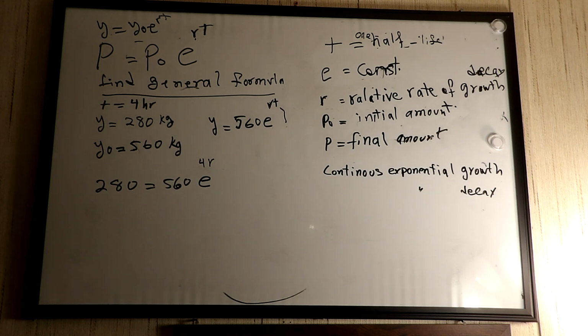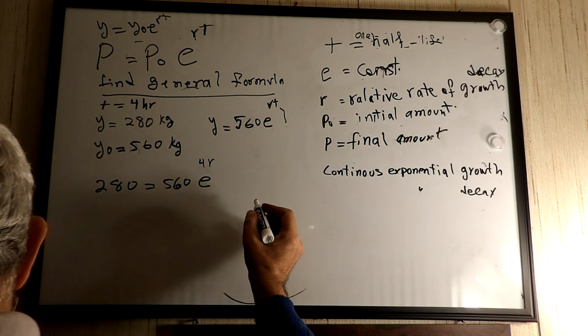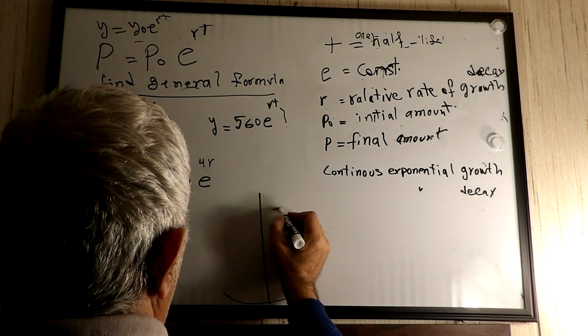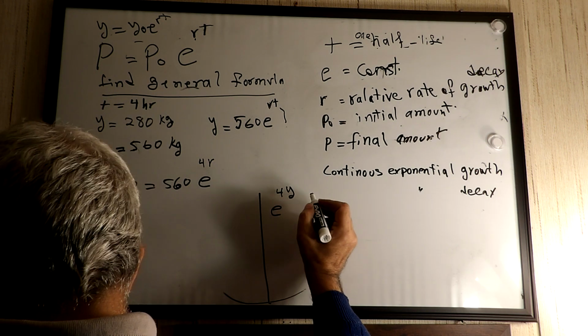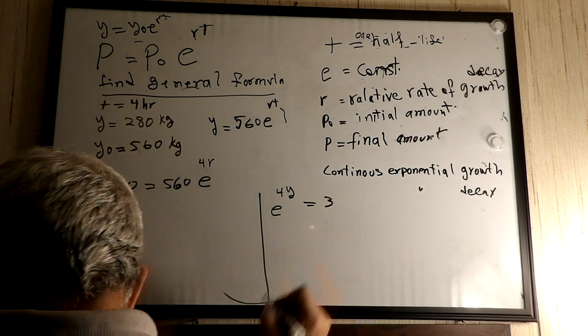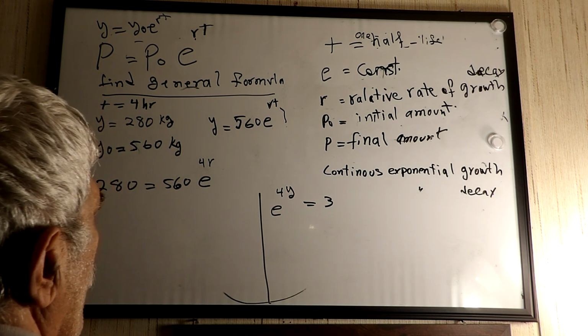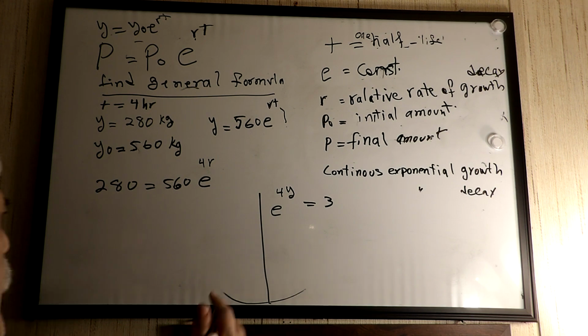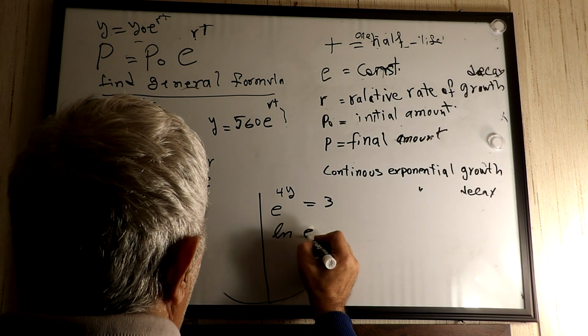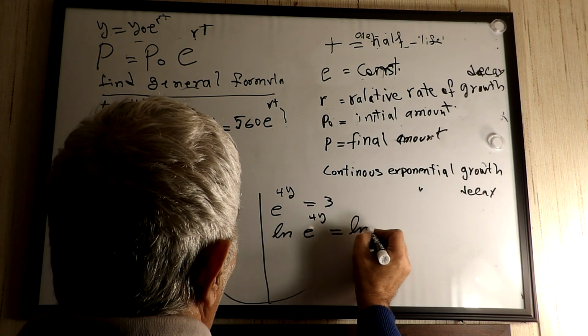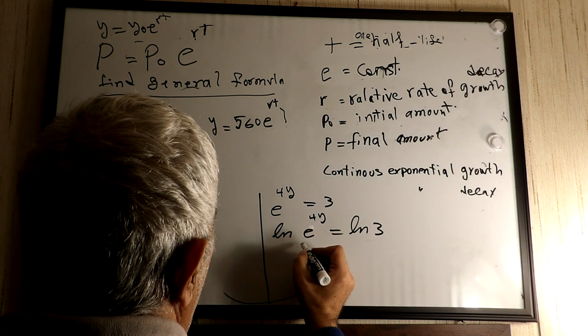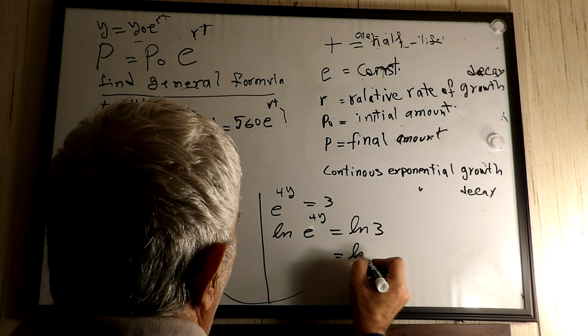In order to solve this, let me give you an example. For example, e to the power of 4y is equal to 3. You are going to find the y. What you do is take the natural log of both sides: ln e to the 4y is equal to ln 3.